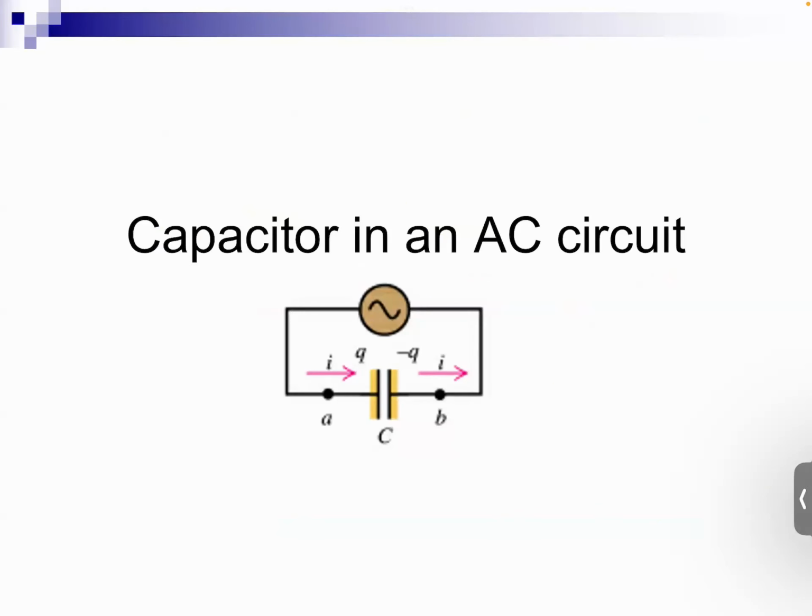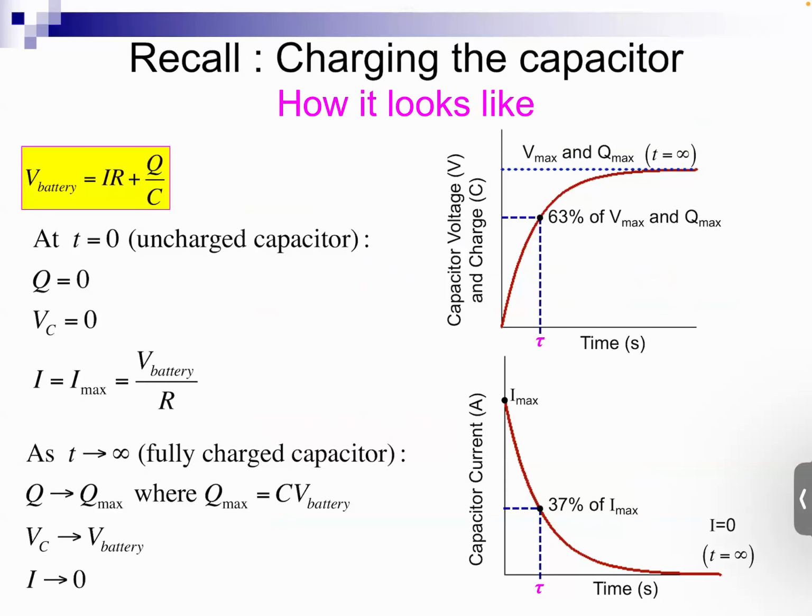Now, for a capacitor in an AC circuit, let's go back to what the capacitor does. We learned that the capacitor charges up if you connect it to a voltage source. And during the charging process, you, of course, start with 0 charge and therefore 0 voltage, but you start with a maximum current.